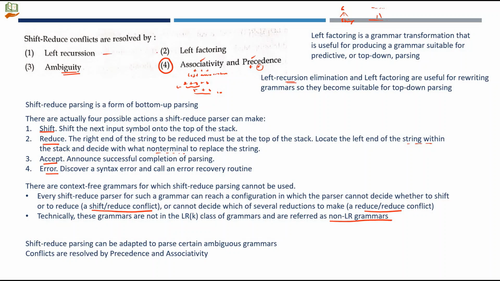Both these terms belong to top-down parsing, and in fact, this particular term has to be eliminated. So this is not a technique. Maybe this is a technique to give a suitable grammar for parsing, but this left recursion is actually a problem. This is a solution and this is actually a problem. Eliminating the left recursion will be a solution.